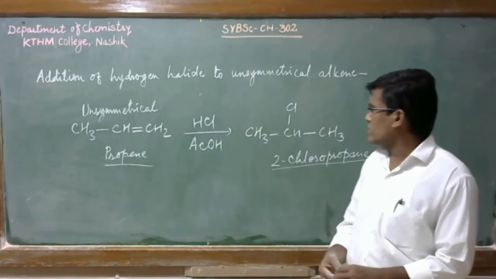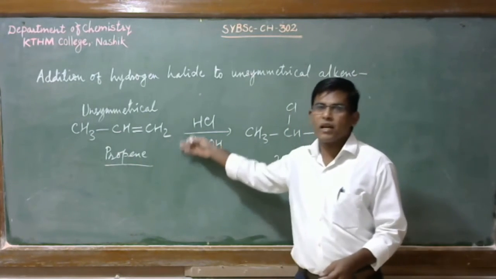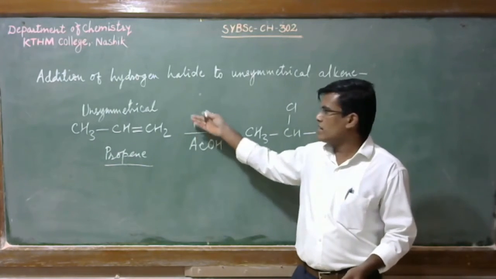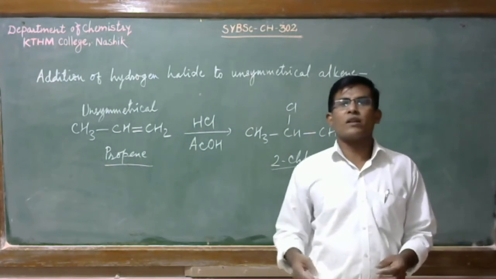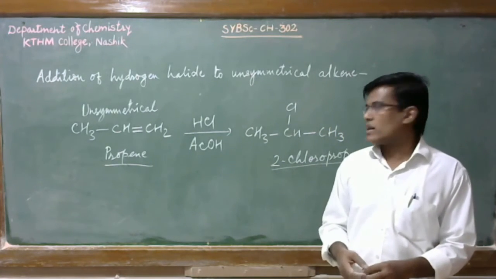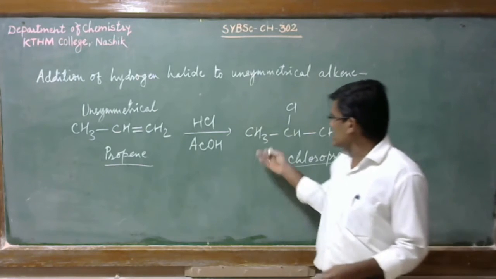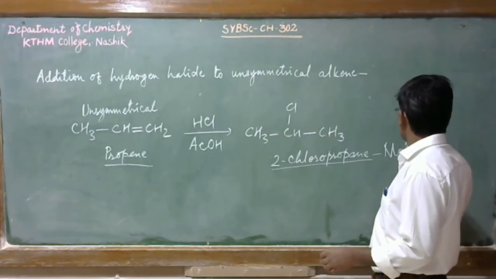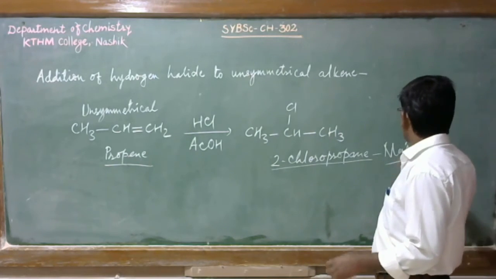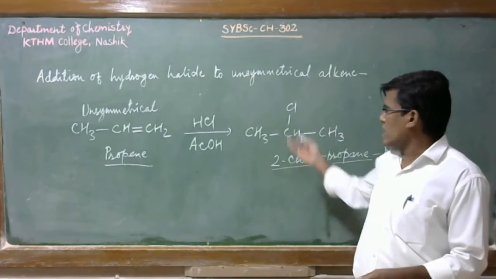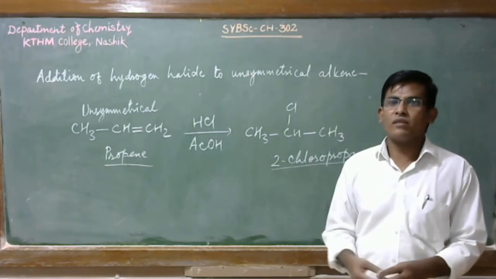Okay, so our mechanism suggests that in the first step hydrogen will get attached to one of the carbons and generate the carbocation. In this case, this is the major product, and the addition of this hydrogen halide follows the Markovnikov rule.